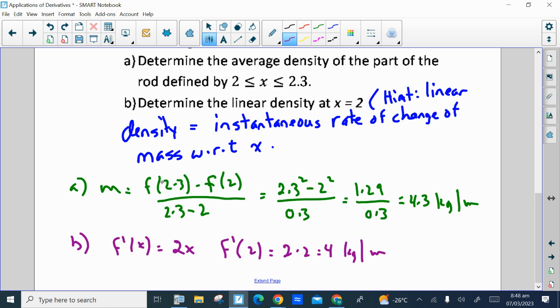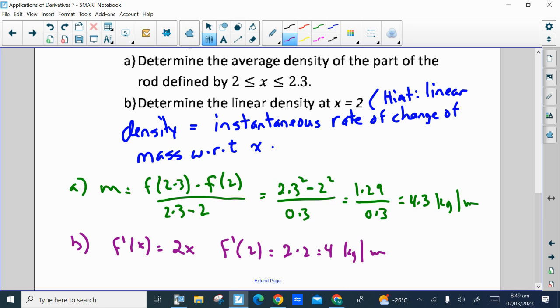If we would have chosen values of x getting closer and closer to positive 2, in part A we went from 2 to 2.3, and we got 4.3 kilograms per meter. If we would have used 2.2 instead, we got an answer closer to 4. And if we would have used 2.1, we would have got an answer even closer to 4. Again, those limits will be approaching the instantaneous rate of change, which is 4.